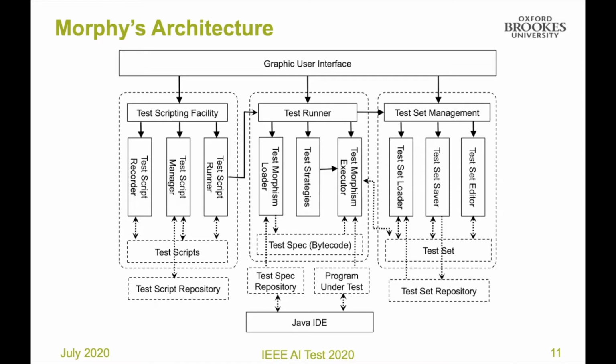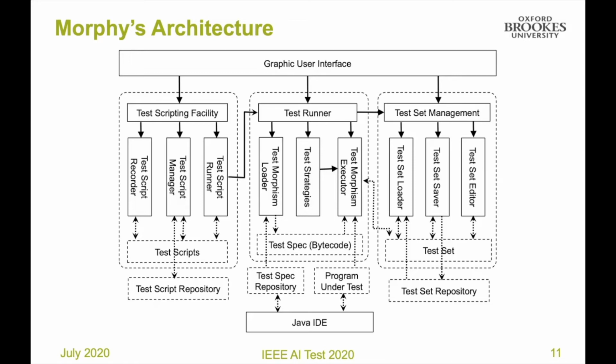The second component is a test runner, which executes the test morphisms, executes the test strategies, and manages test morphisms. The third component is a test script facility, which supports the recording of the test script, managing and editing test scripts, and executing test scripts.